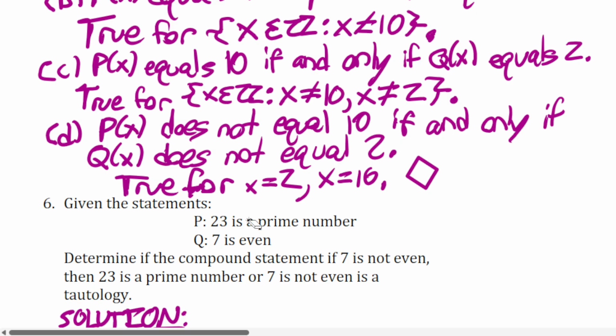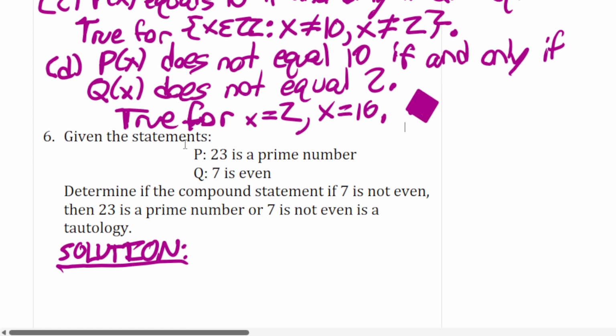Okay, don't know what happened there, but all right, so let's look at problem 6. So we are given the statements P, 23 is a prime number, and Q, 7 is even.